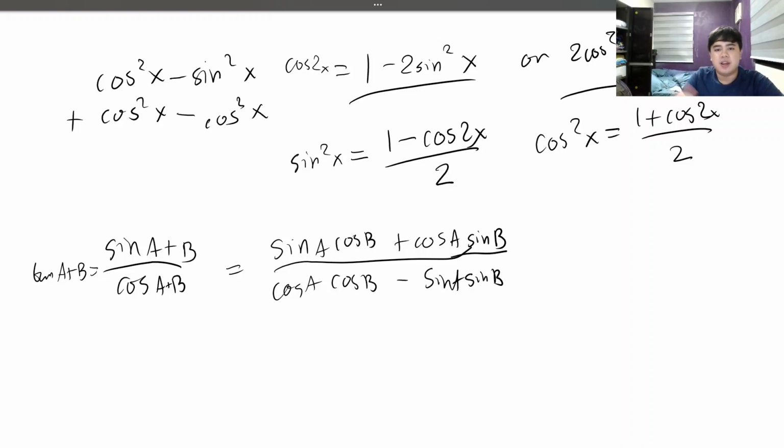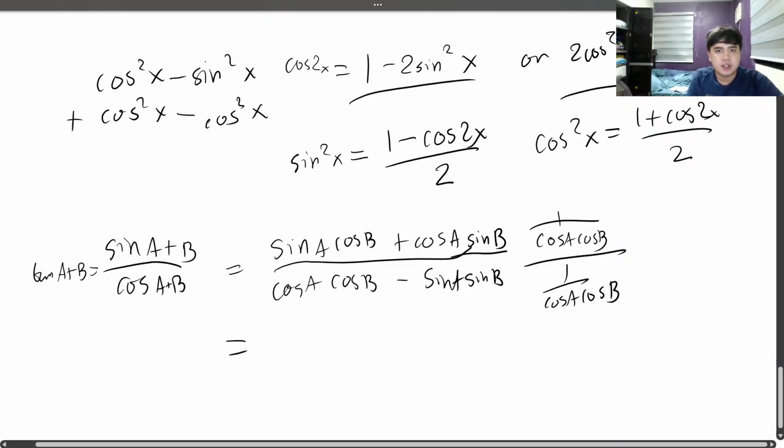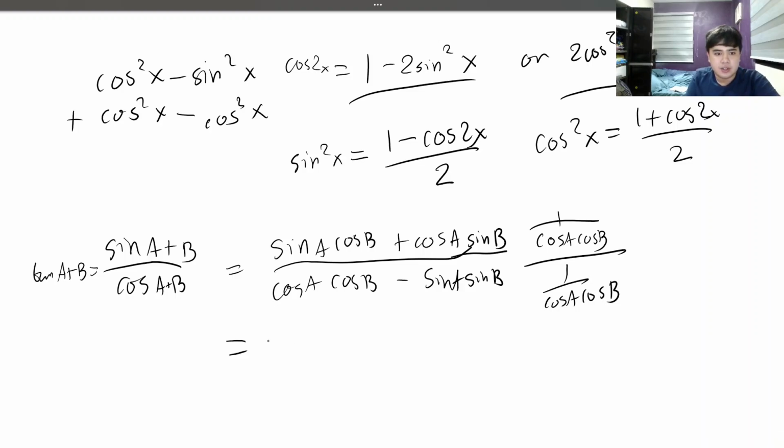From here, we can multiply and divide both sides. So on the top here, it looks like we can divide by cosine A cosine B. We also do that on the bottom. What happens here? Cosine B gets cancelled, so sine A over cosine A remains, so that becomes tangent A. Similarly here, tangent B remains.